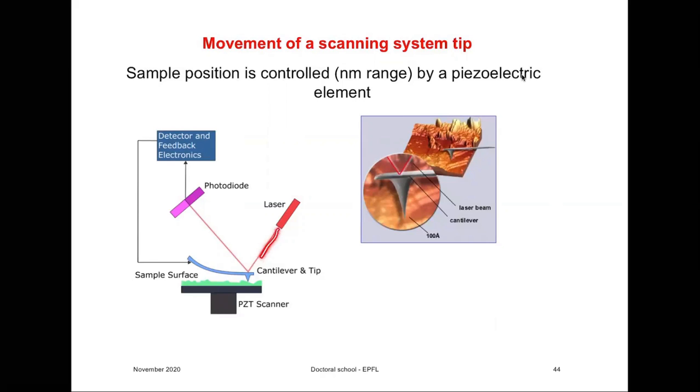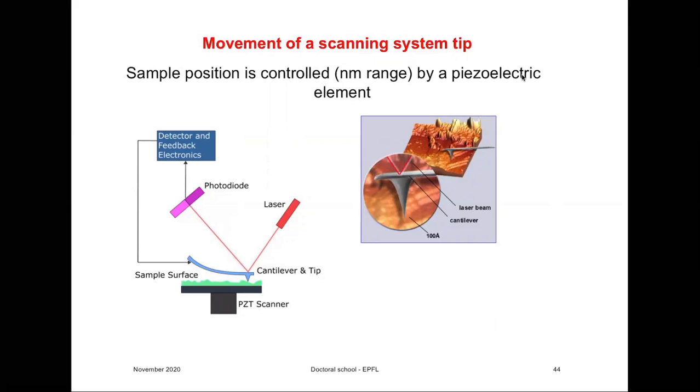You have a laser which shines on the tip and reflects from it. And if the surface is uneven, then this angle here would move in that plane and also in a perpendicular plane. And you can map with nanometer resolution.